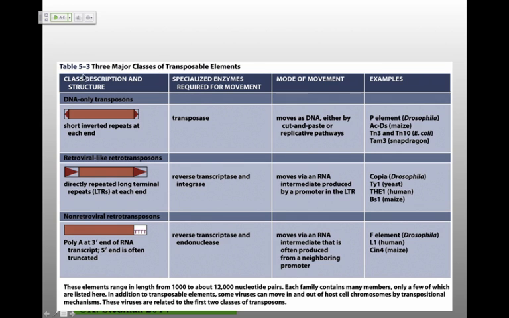In the meantime, we now know that there are really three major different groups of transposons. The so-called DNA-only transposons, and we'll see why that is when we take a look at this in more detail. There are a couple of ways that you can identify these.